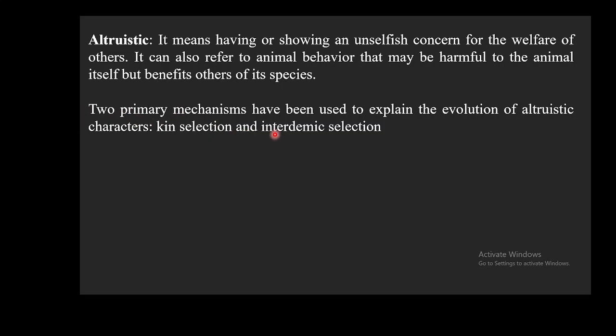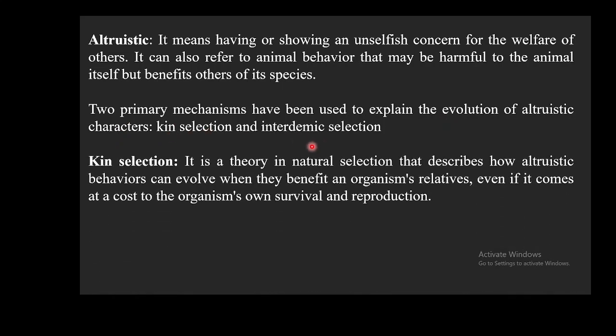So there are two mechanisms that have been used to explain the evolution of altruistic characters. One is kin selection and one is interdemic selection. In the case of kin selection, as I said, it is at the individual level. There should be a close relationship between the two individuals. It is a theory in natural selection that describes how altruistic behavior can evolve when it benefits an organism's relative.